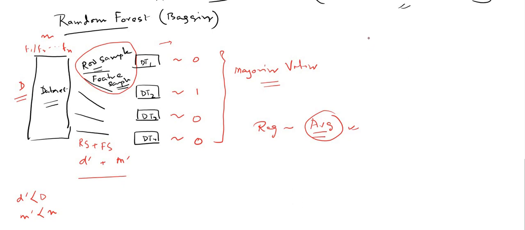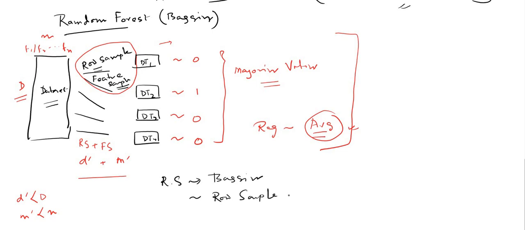The important concept here is these two things. First, random forest is a bagging technique. Second, we are doing row sampling and feature sampling, and this helps us reduce the overfitting possibility.